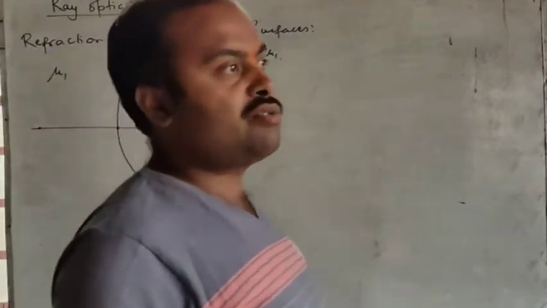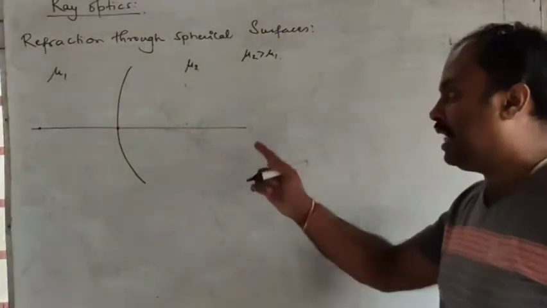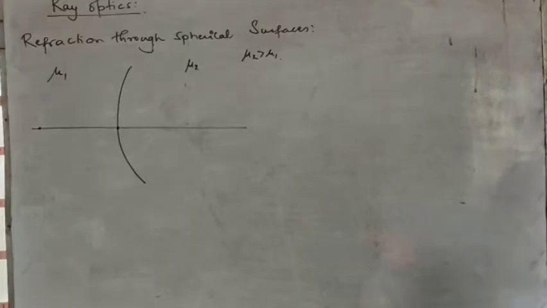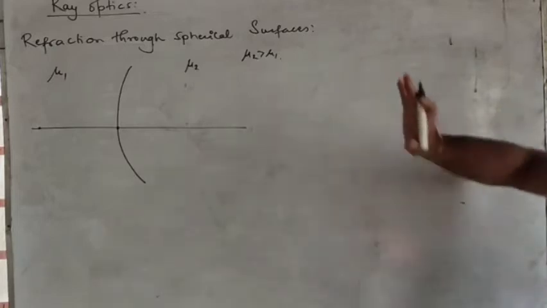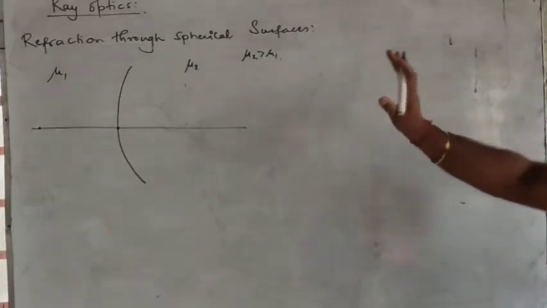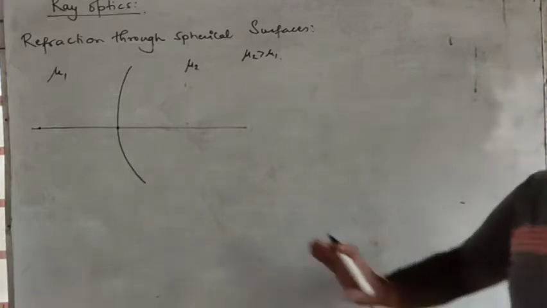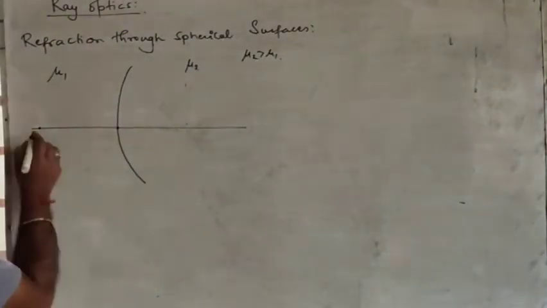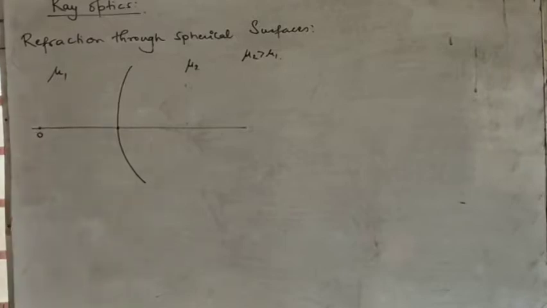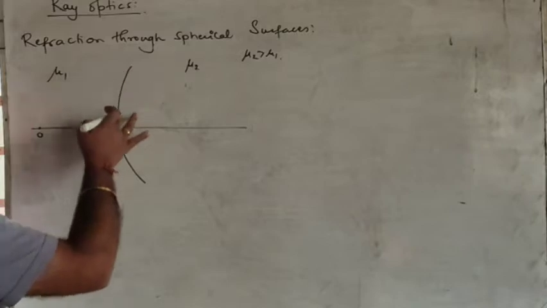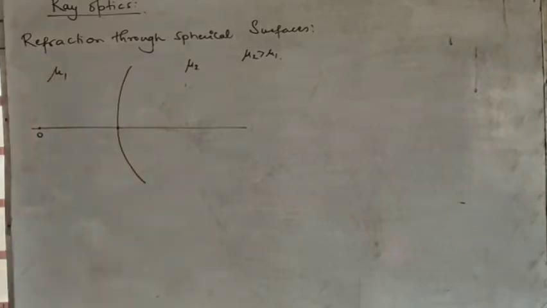and we will restrict ourselves with the size of object, and the size of object should be very very small. We call it point sized object, right? So the formula which we are going to derive holds only for point sized objects. So this dot is the position of object O. Obviously this is a convex surface as well as concave also.